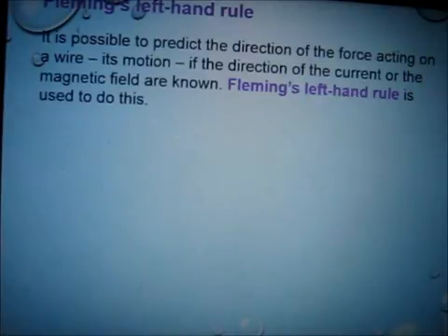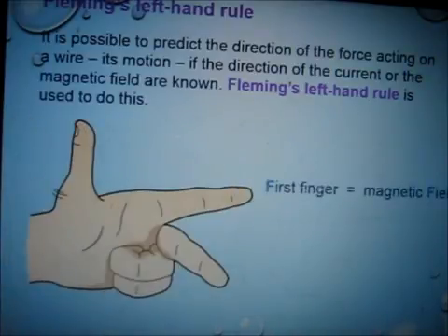This rule gives the direction when a current flows in a circuit kept in a magnetic field. It is possible to predict the direction of the force acting on a wire if the direction of the current and of the magnetic field are known. So if you know the direction of the current and the magnetic field, then you can get the direction of its motion. Likewise, you can see this picture.